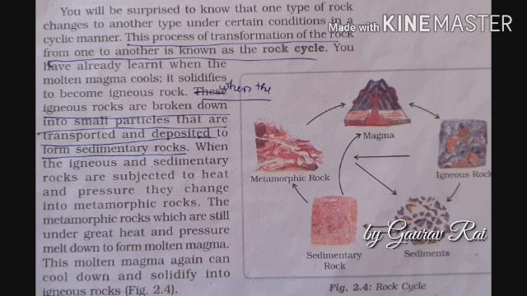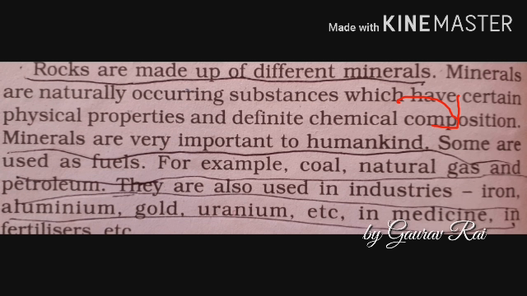So you know that igneous rock will convert into sedimentary rock, and sedimentary and igneous rock will be converted into metamorphic rock under great heat and pressure. And after that, this metamorphic rock will melt into magma in great heat and pressure. And after that, this molten magma again can cool down and solidify into igneous rocks.